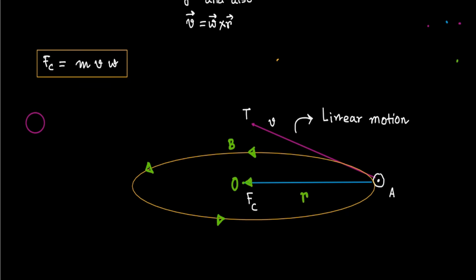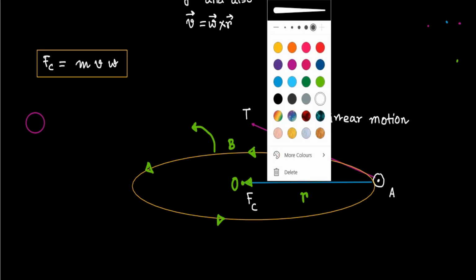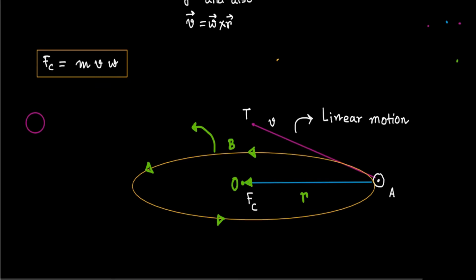r is the radius of the circular orbit. Centripetal force Fc acts radially inwards along AO, and its linear motion will be converted into circular motion along the curved path AB in this horizontal circular orbit. So circular motion occurs along AB under the action of centripetal force Fc, which acts radially inwards.